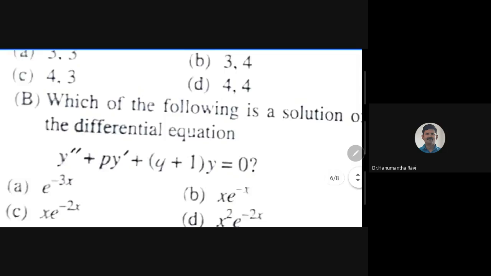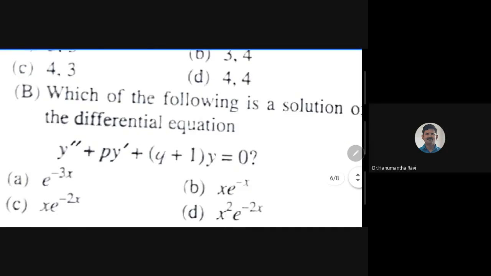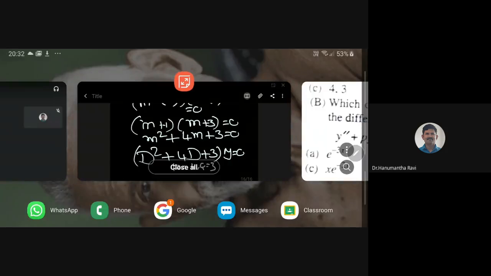Now, which of the following is a solution of the differential equation y double dash plus p y dash plus q plus 1 into y is equal to 0? Because both parts are connected, we have found p as 4, q as 3.